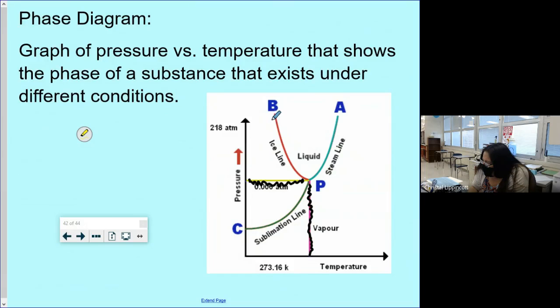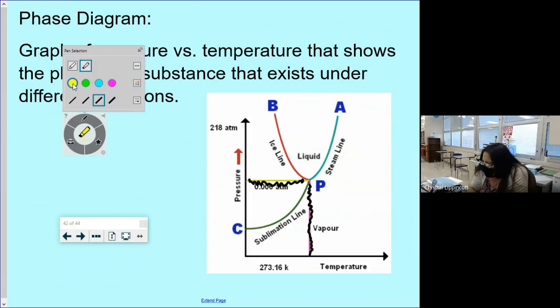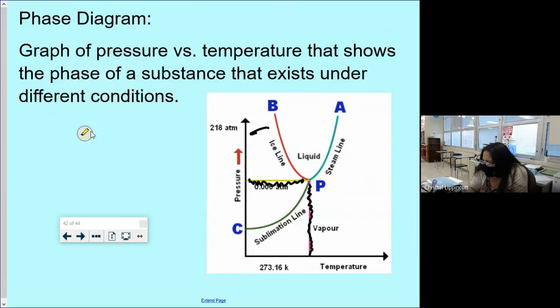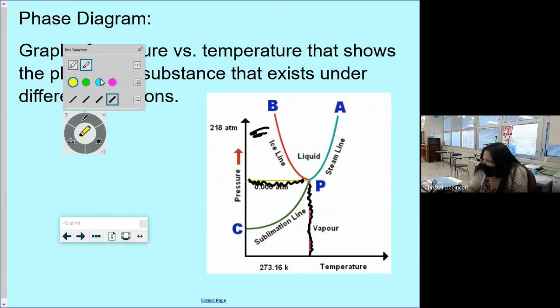So we have different sections of this graph, which I was trying to highlight. I have the highlighter selected. This thing just hates me. Well, I was going to try to highlight this section here.